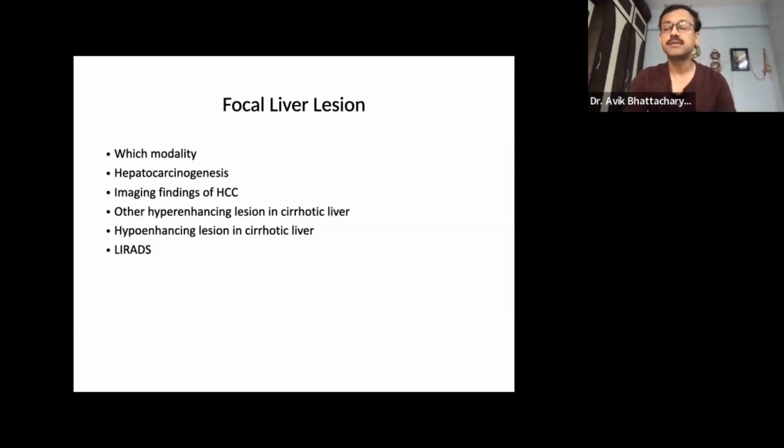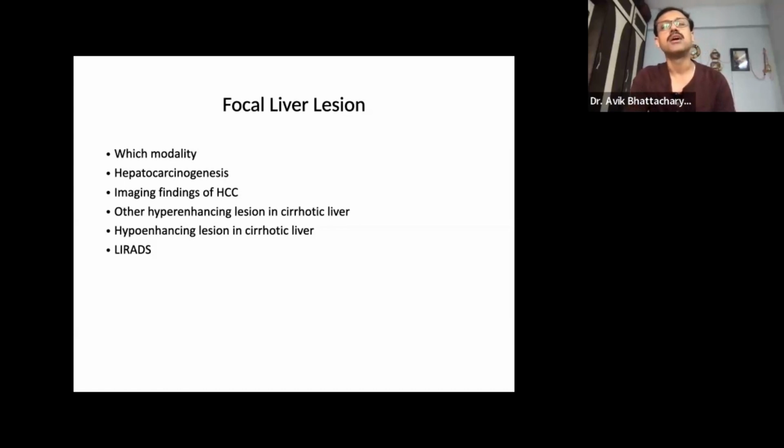In that scenario, ultrasonography plays a very crucial role to pick up early lesions and to start therapy to make it curable. However, to characterize different liver lesions, ultrasonography is not that good a modality because we don't have any enhancement characteristic to be seen on ultrasonography.